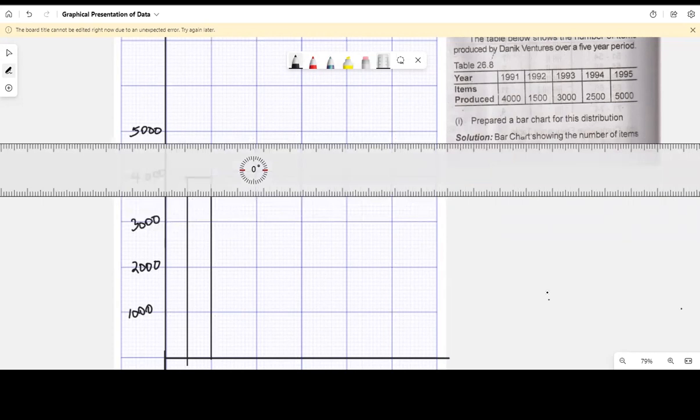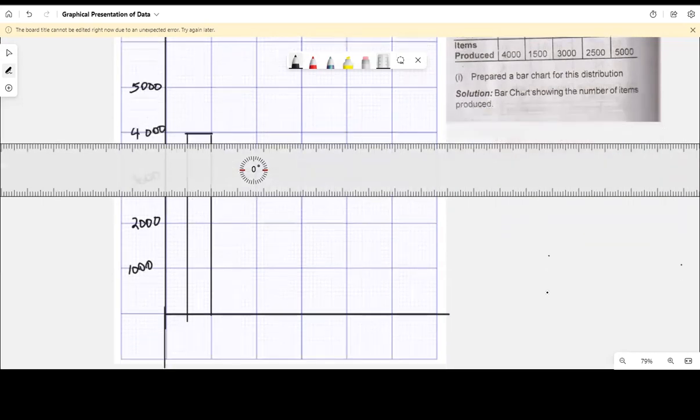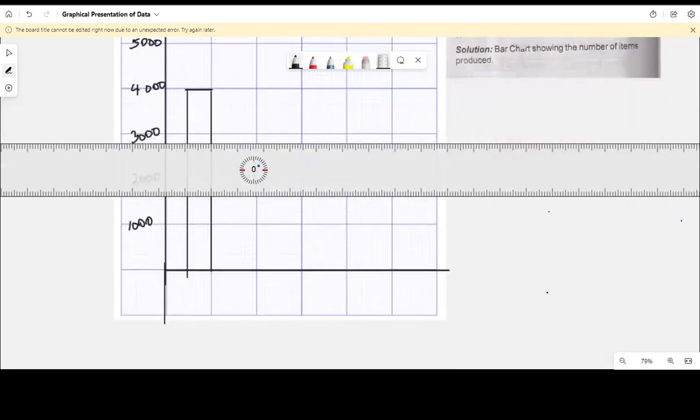That corresponds to 1991. Under it, I'll write 1991. So the next bar I'm going to draw now, I will leave a gap from this bar to the next bar. I will leave a gap that is equal to this very first gap that I left here. So in drawing a bar chart, the width must be equal, and the gap must also be equal.